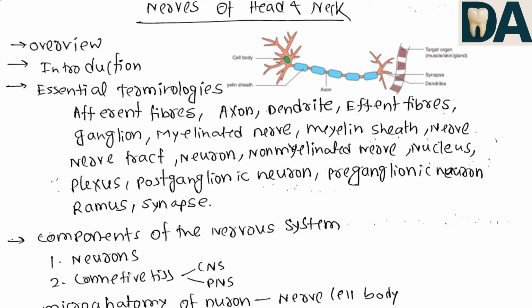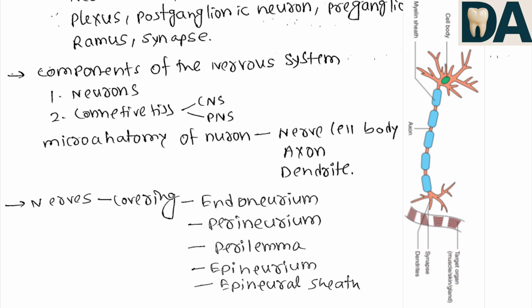Now go to the components of the nervous system. The nervous system consists of tissue that may be broadly divided into two components. One is neurons and the other is connective tissue. Neurons. The basic cells of the nervous system that receive, transmit and respond to external stimuli. Connective tissue.